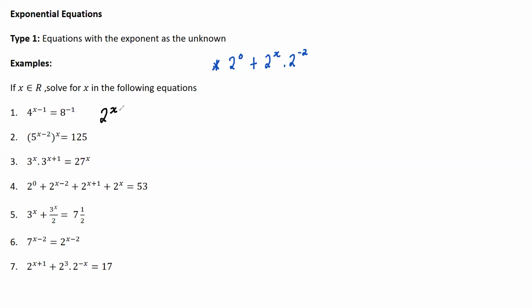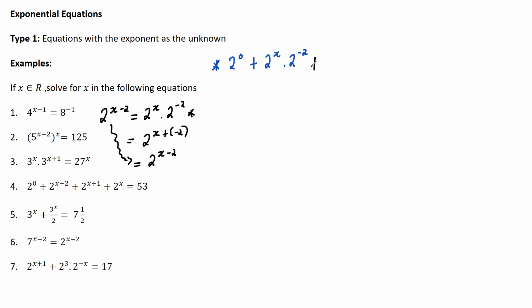I remember telling you, when things are like this, you can always write them like this. Mathematically, this is as good as saying 2 to the power x plus negative 2, which leads me to the same place. So I can always do that.